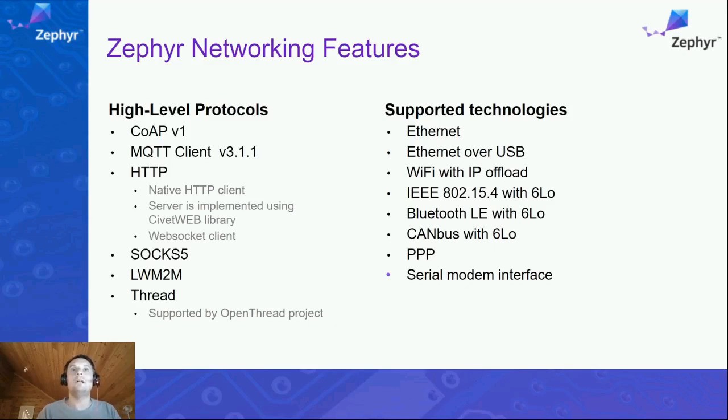We have 15.4 with 6LoWPAN, Bluetooth Low Energy with 6LoWPAN, so you can create a TCP/IP link over Bluetooth Low Energy. We also have CAN bus, with 6LoWPAN, PPP, so if you want to create a point-to-point link, and the serial modem interface to interface with popular modems via AT commands and data streams.